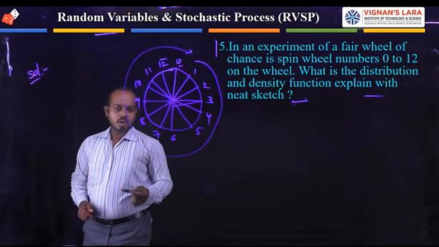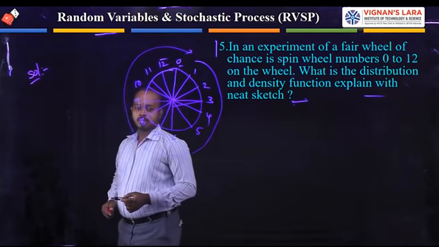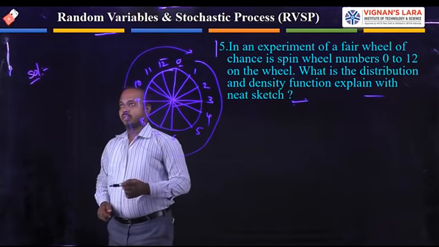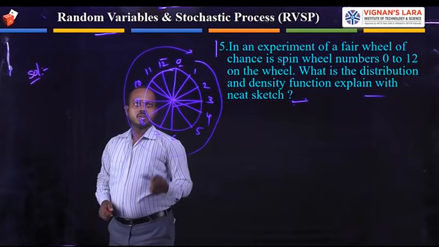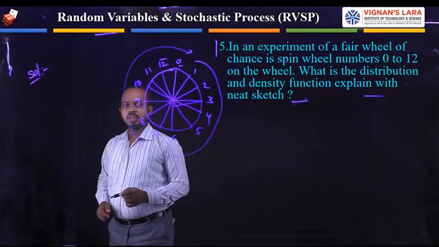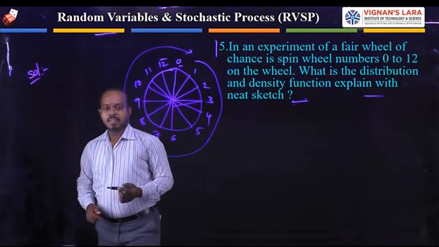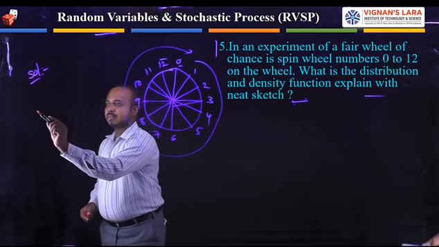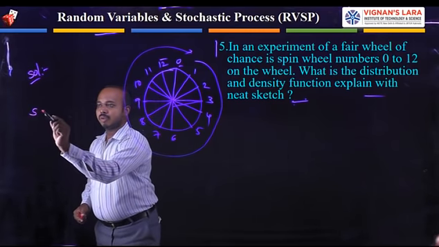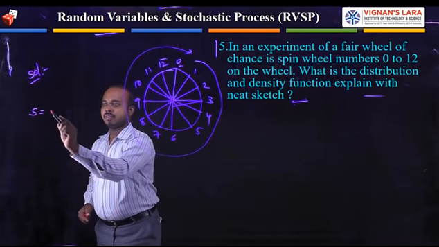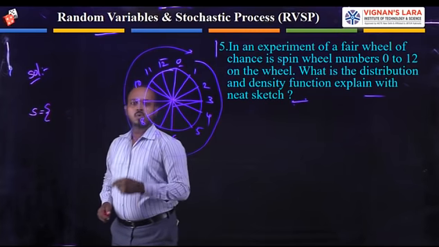What do we need to find? Here we are finding the probability density function, for each and every event. First of all I am writing the sample space, indicated by S. What are the outcomes we have?